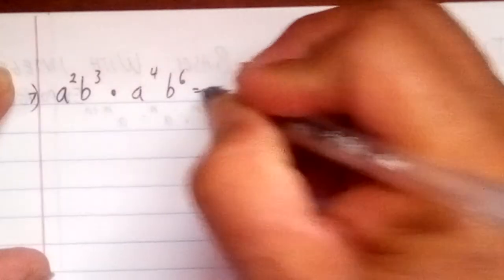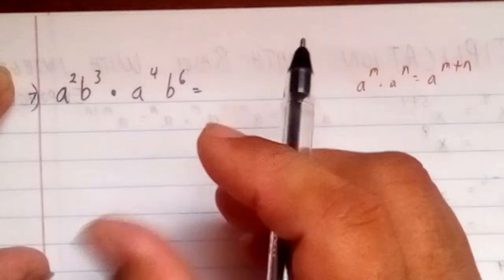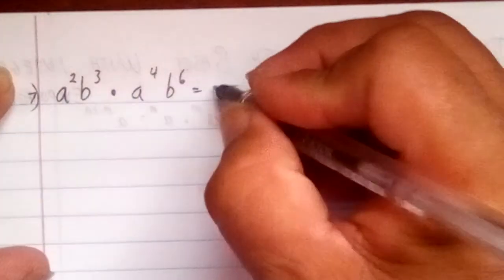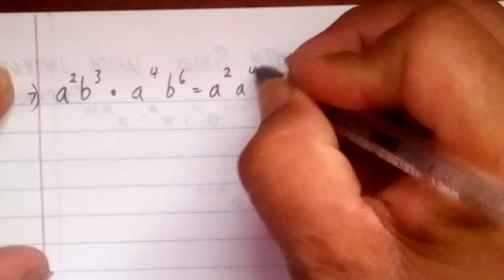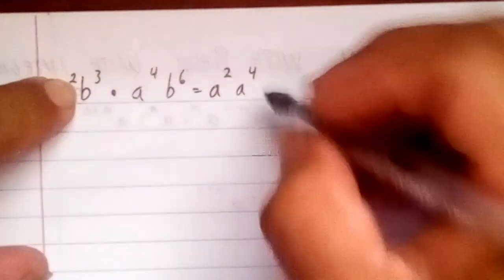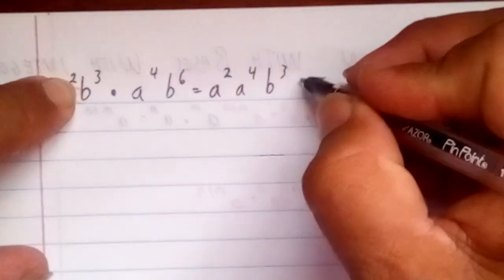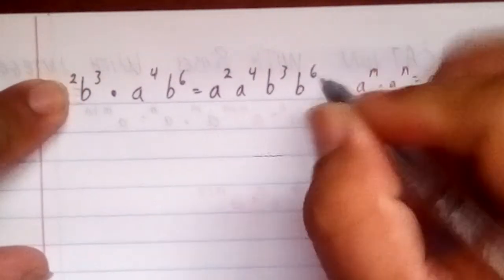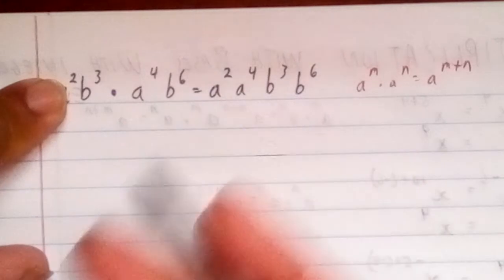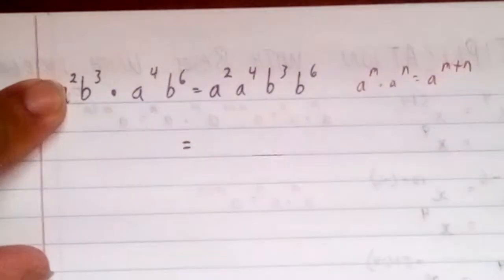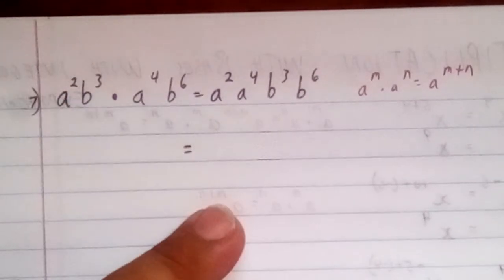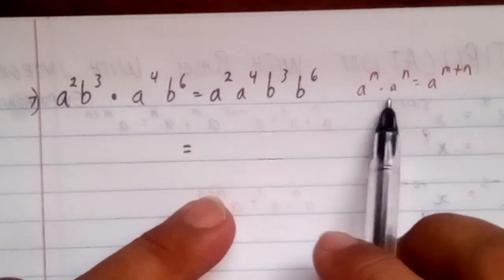So you can move them together, and because it's multiplication, you can simply say a to the second times a to the fourth, and then b to the third times b to the sixth. We group them so you can see who will be multiplied with who, and now this rule can be much more easily seen.